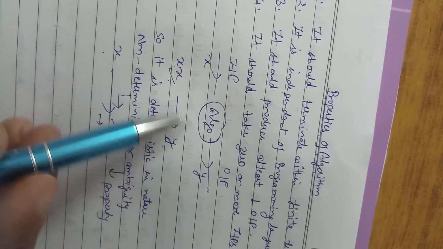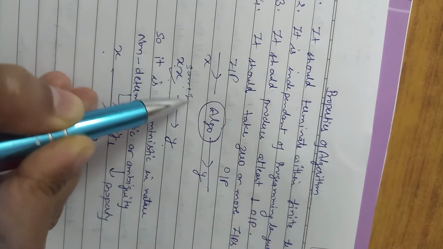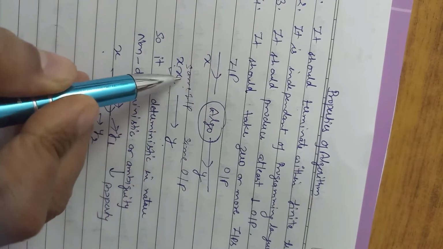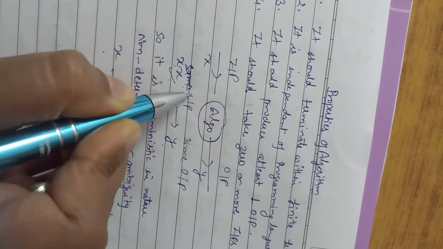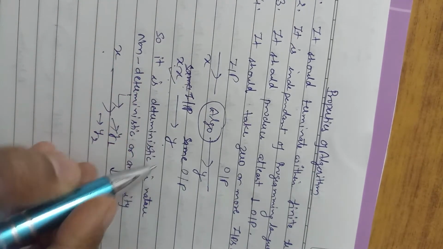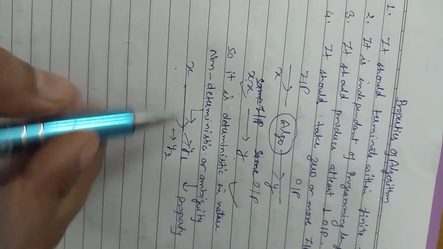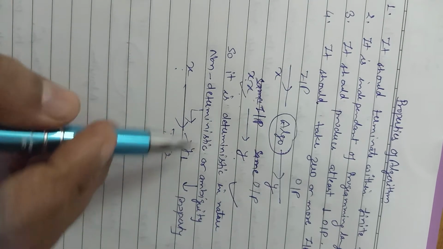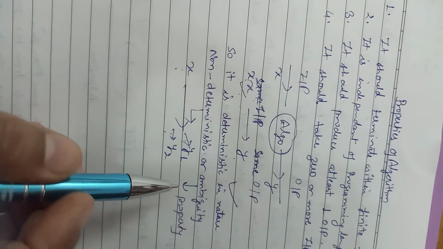So if for the same input we are getting the same output, then we can say that algorithm is deterministic. And if we are giving the same input but getting different outputs, then we can say the algorithm is non-deterministic, or the algorithm has the ambiguity property.